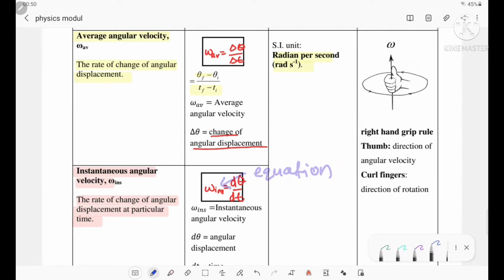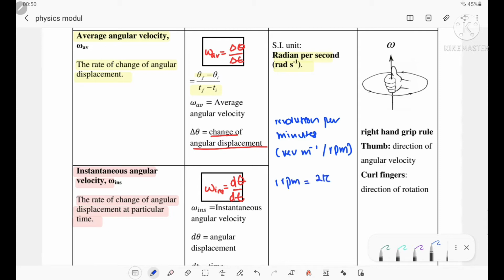Another unit for the angular velocity is revolution per minute, or RPM. And 1 RPM is equal to 2 pi over 60 radian per second.